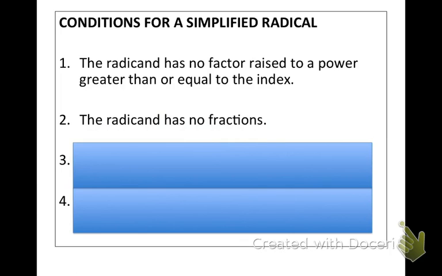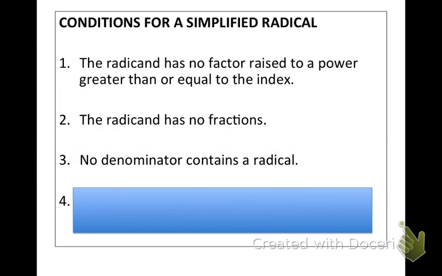So no fractions underneath your radical sign. And this is what we were talking about in section 8.2 where I said, oh, do we have to rationalize the denominators or not? And your book was not making you do it. But now we are eventually going to be getting there. We cannot have a denominator that contains a radical sign, which means you're going to have to end up rationalizing the denominator.